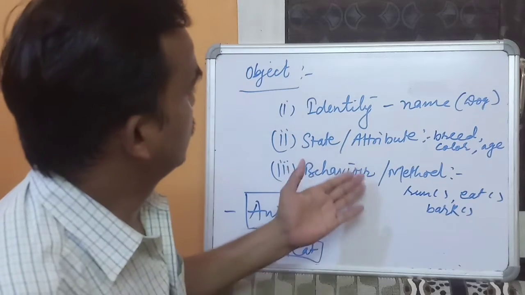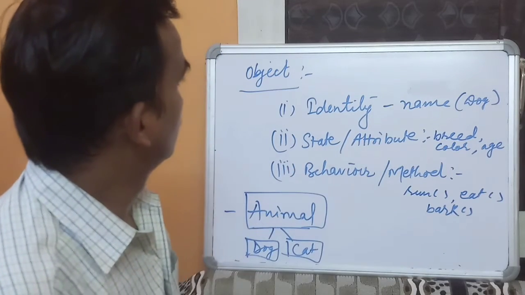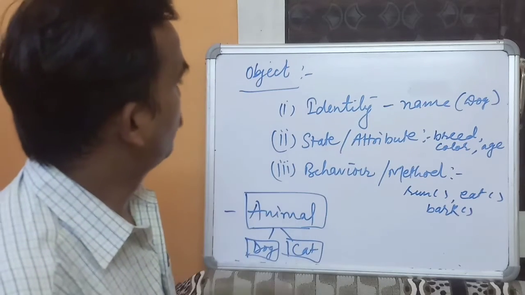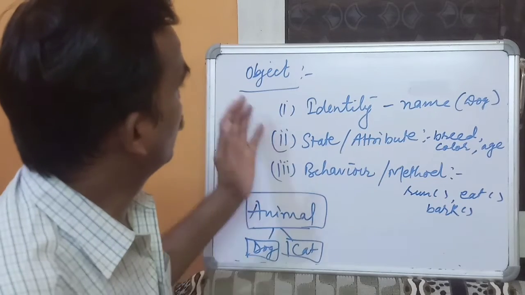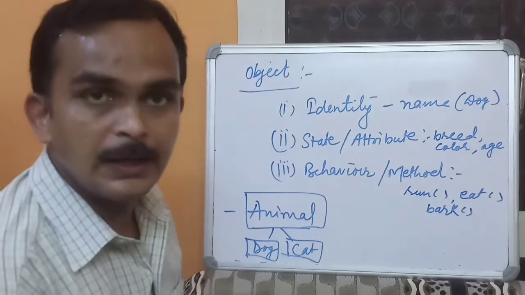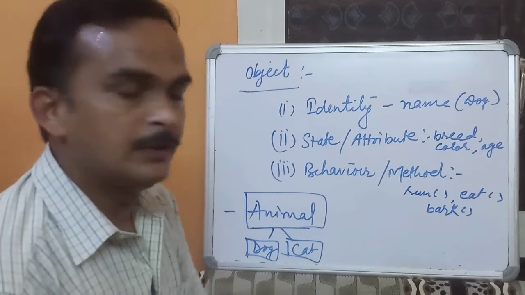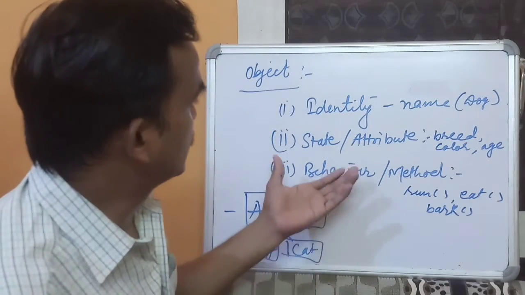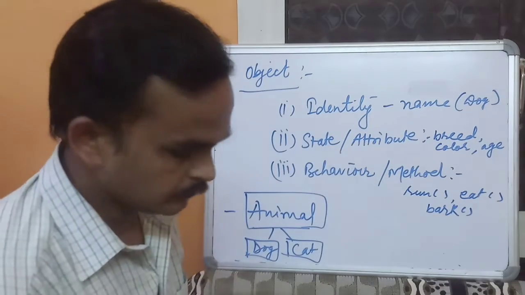These are the three characteristics of an object by which we can easily identify its working, behavior or state.